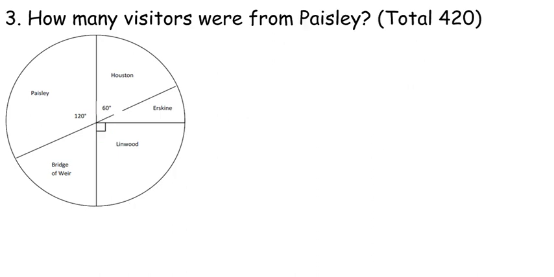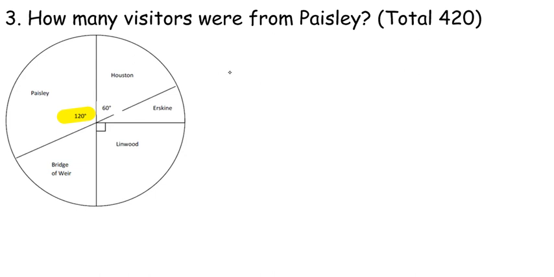And the final question that we're going to look at from your booklet is how many visitors were coming from Paisley. Again, out of the 420, if I look at my pie chart, Paisley is 120 degrees.